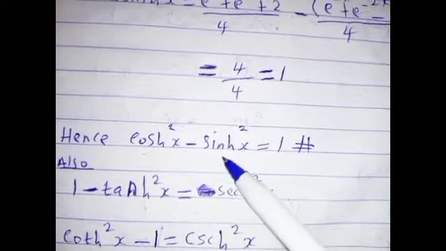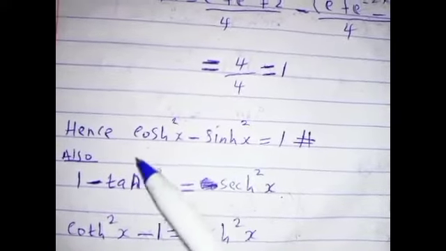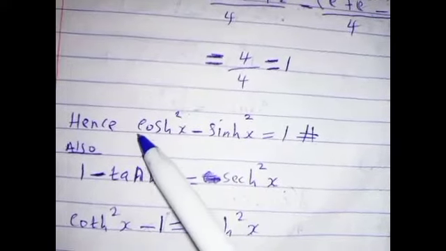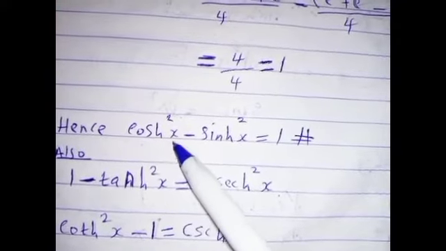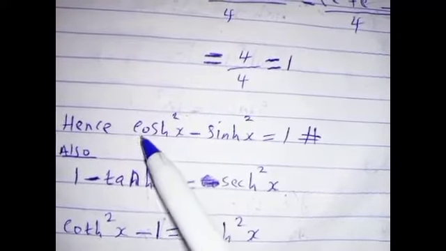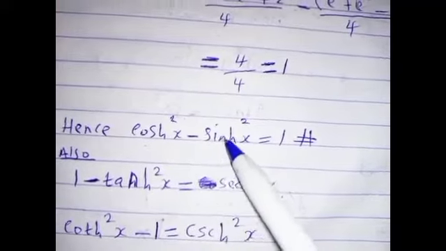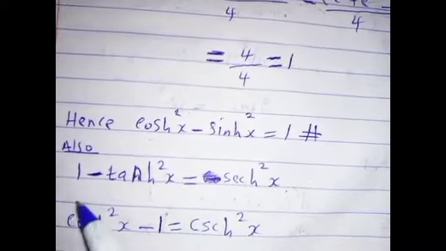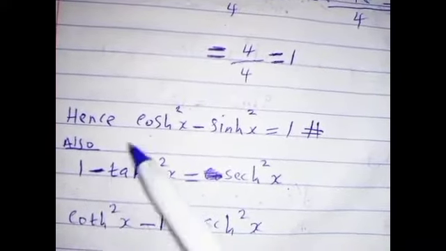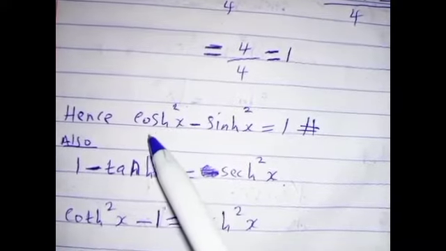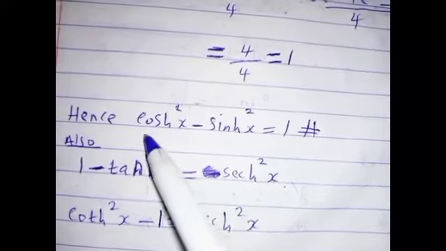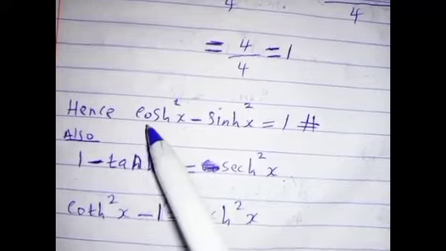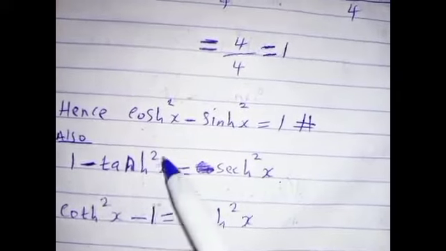When we do that, cosh squared x divided by cosh squared x will give us 1.